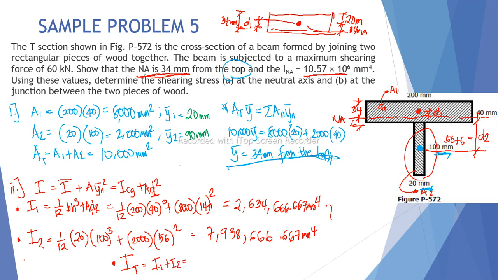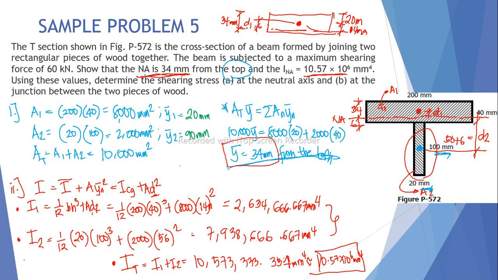I1 plus I2, both of these, is equal to 10,573,333.334 millimeters to the fourth, or approximately 10.57 times 10 to the 6 millimeters to the fourth. This is our I, and this is our Y bar, 34 millimeters from the top.